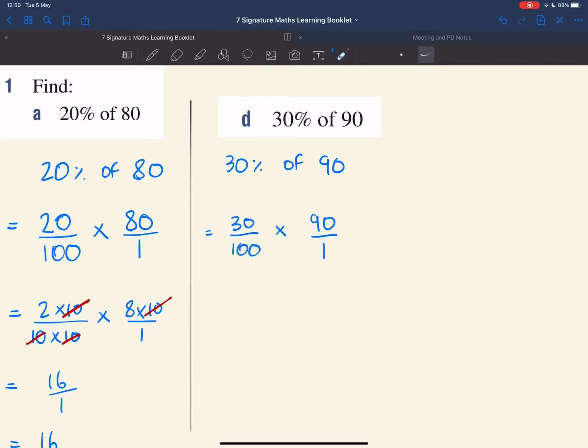All right, next part. You can look here and see what you think we're going to do next. We're going to break each of these numbers down into their parts, or factors. Let's do 3 times 10.